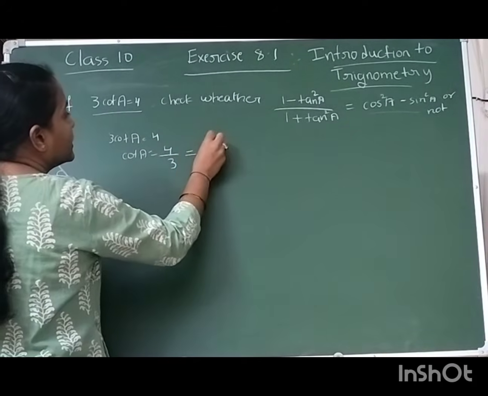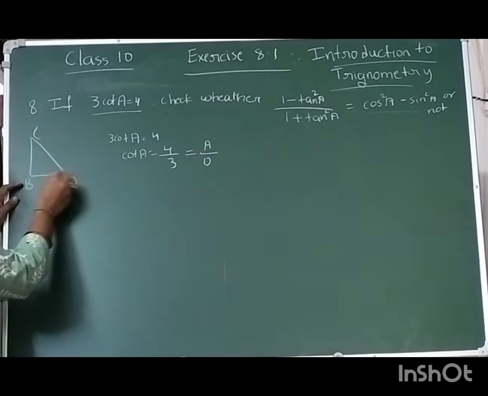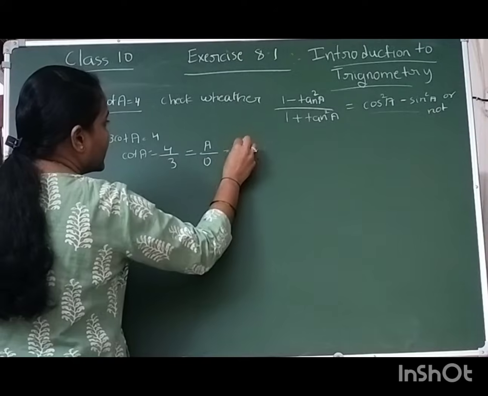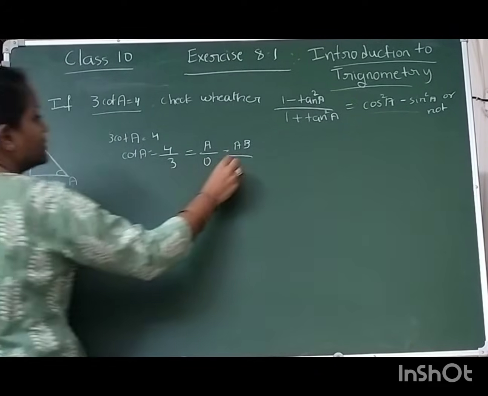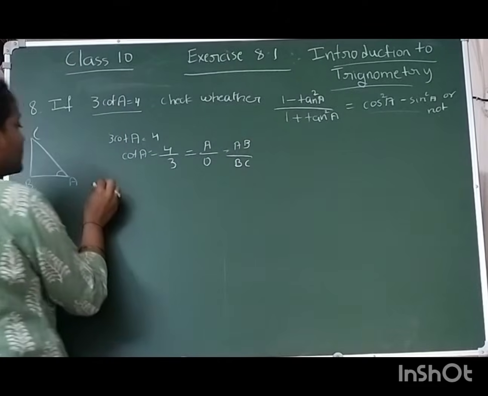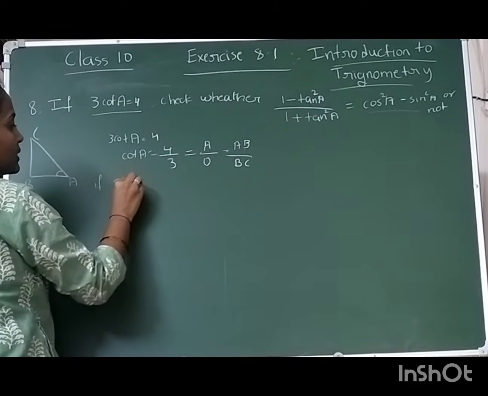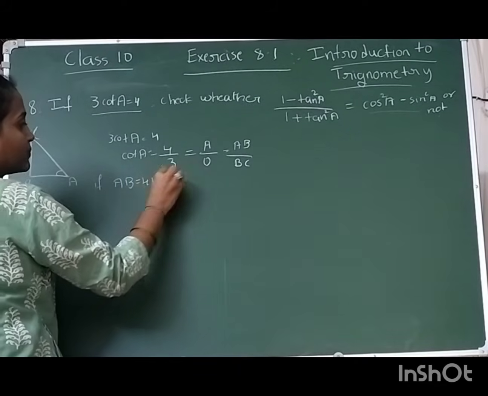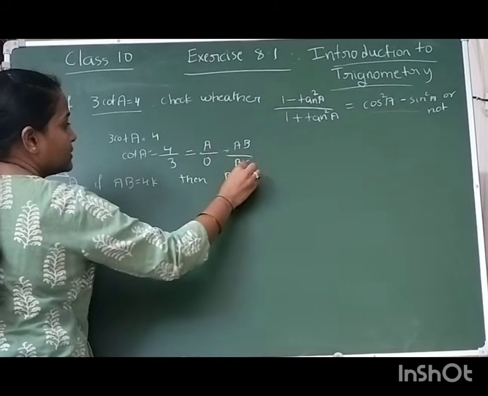That is adjacent by opposite. So adjacent is AB here and opposite is BC. If AB is 4K, then BC will become 3K.